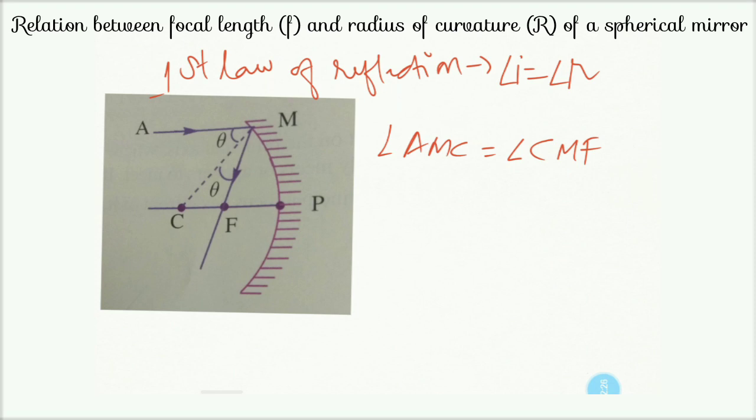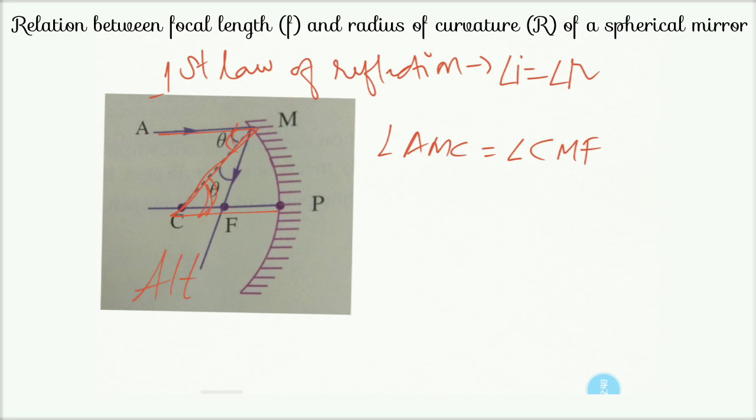Now I told that AM is parallel to CP, and MC is the normal. If you consider MC to be a transversal line between these two parallel lines, what would it be? Angle AMC will be equal to angle MCF. This angle and this angle will be equal. Am I right?